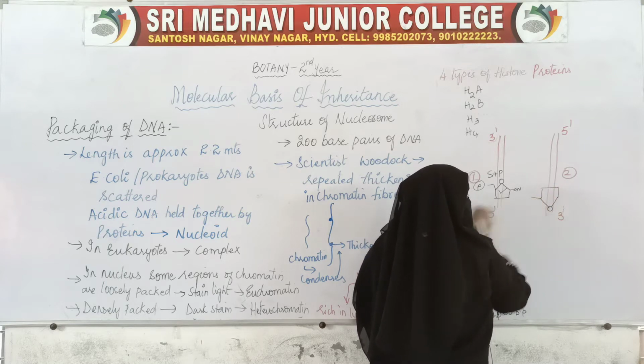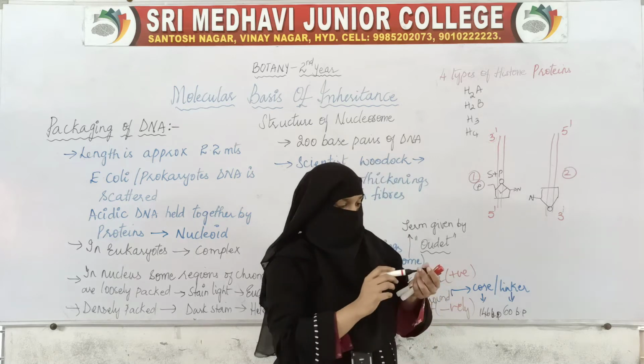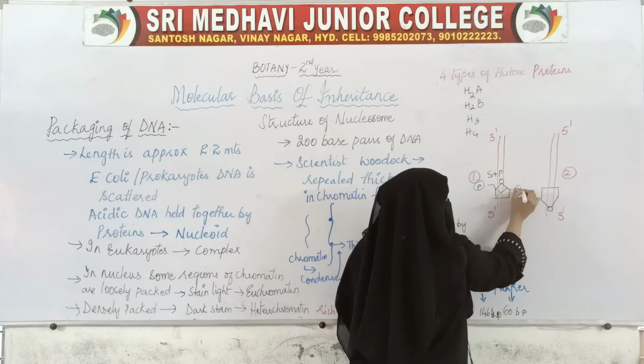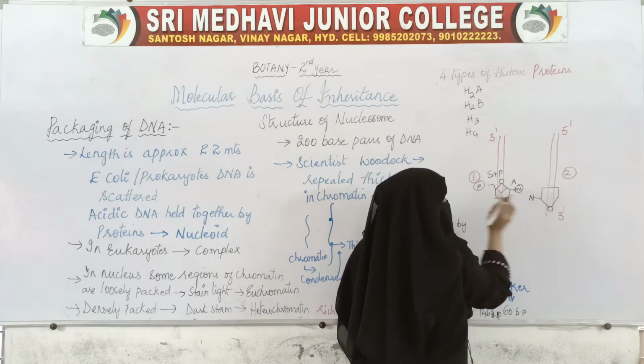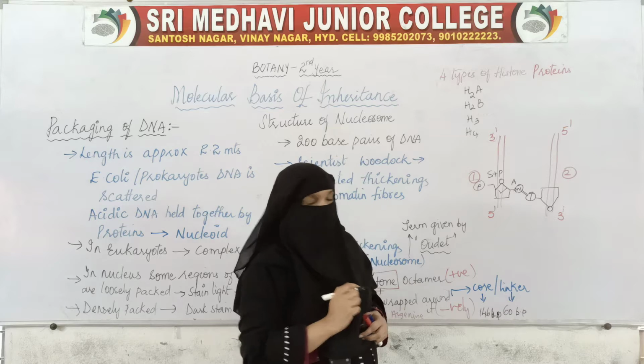So this is the first carbon. Here a nitrogenous base will be present. For example, if this nitrogenous base is A, then this one will be T, because adenine always pairs with thymine.